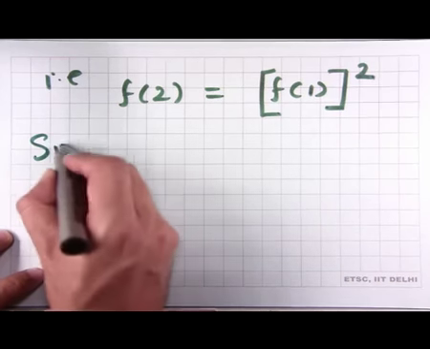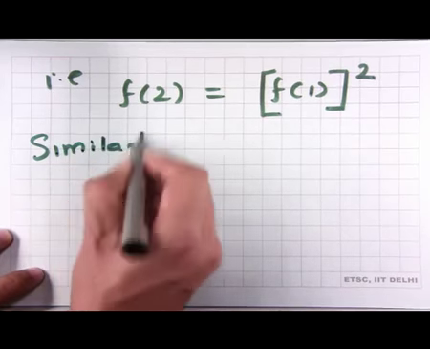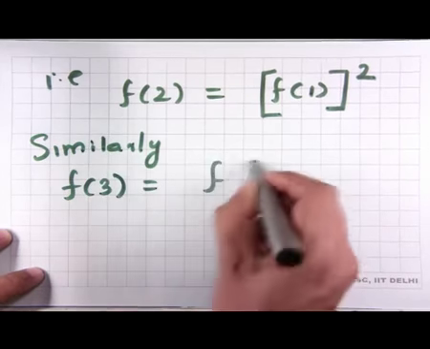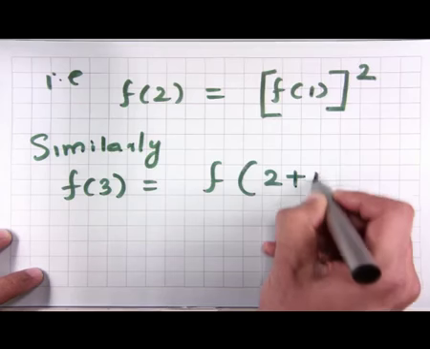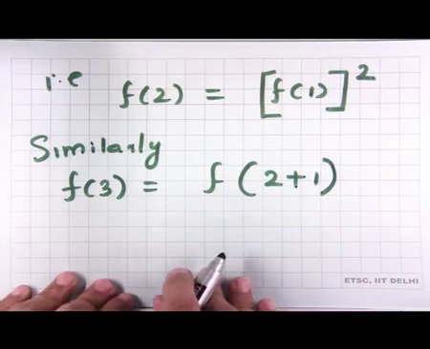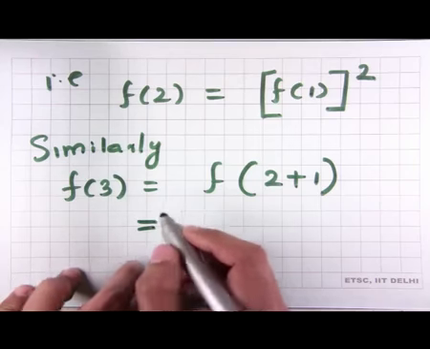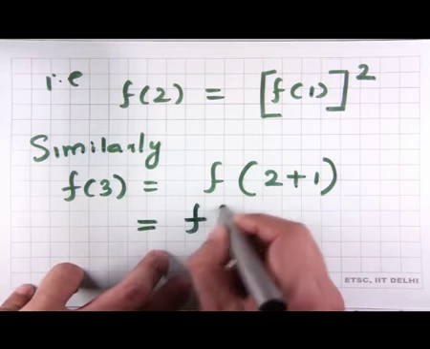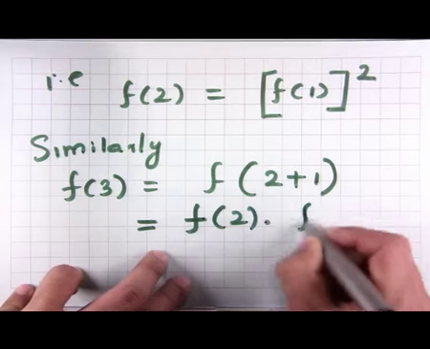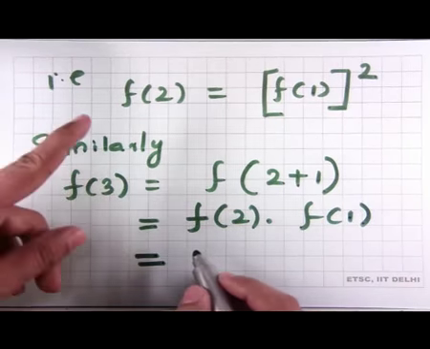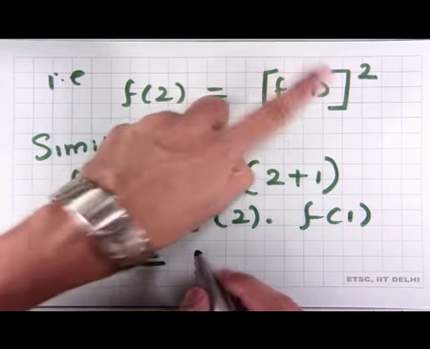Similarly, f of 3 will be f of (2 plus 1). By the property of f given, f of (2 plus 1) is f of 2 into f of 1. f of 2 is calculated to be f of 1 square.